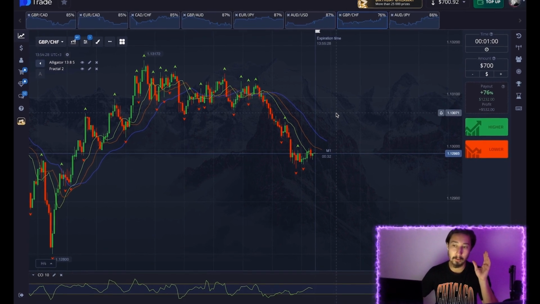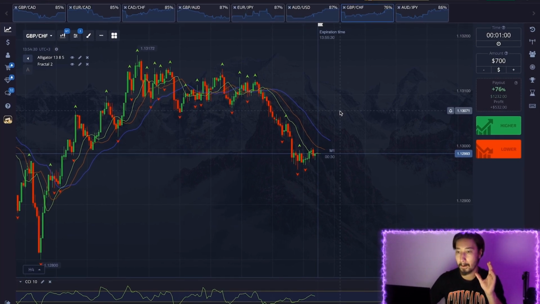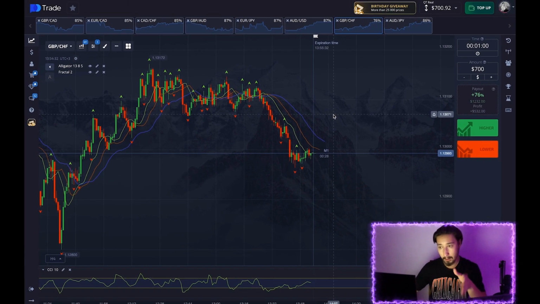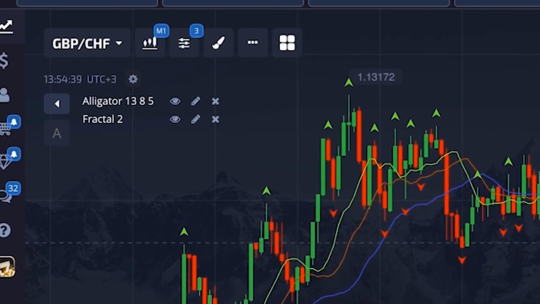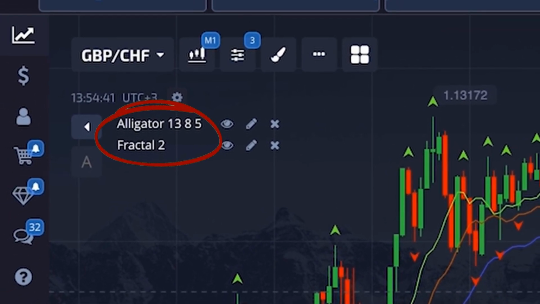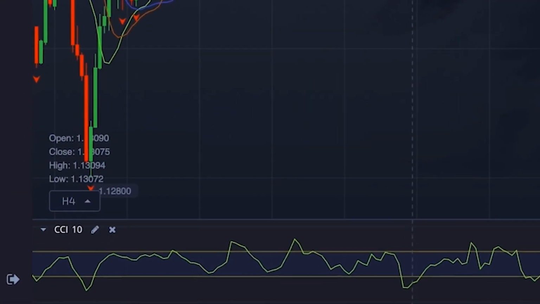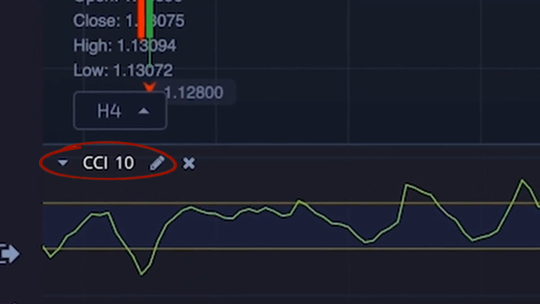I came to the conclusion that for the first strategy, as in most cases, I will focus on the trend, and today I will apply the following indicators. It will include an alligator and a fractal with default settings, and a CCI oscillator with a period of 10 as usual.